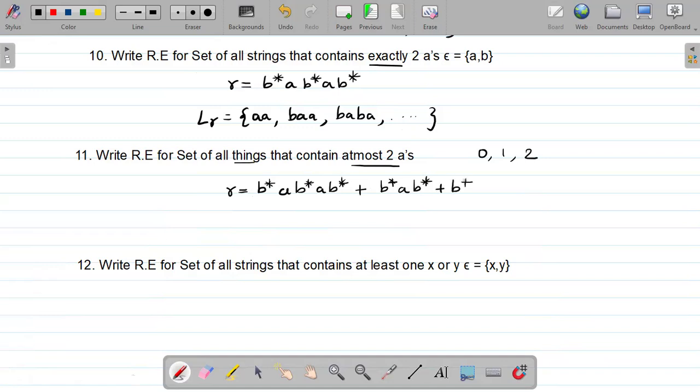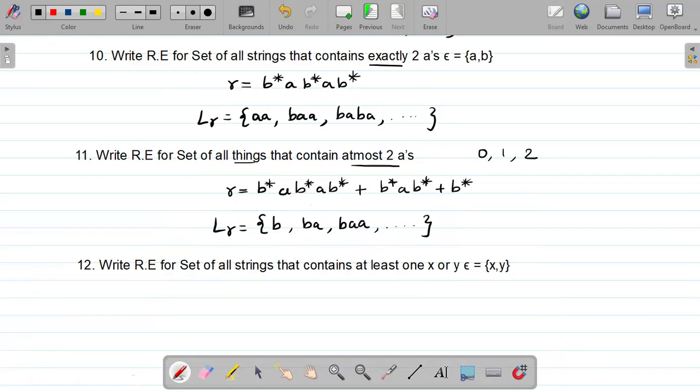So that is taken care of by B star. So the language can have a single B, which contains 0 A's. We can have a single A. We can have two A's. At most two A's, but we will not have more than that. So that is taken care of here by this particular regular expression. So we have to think in those terms.